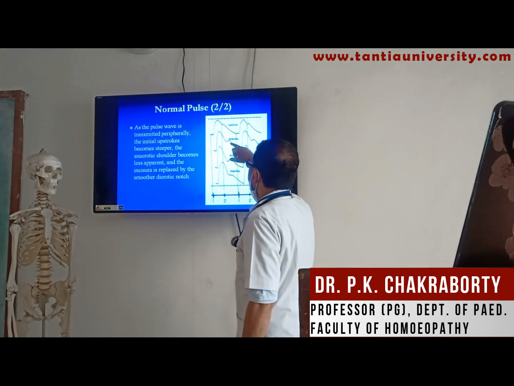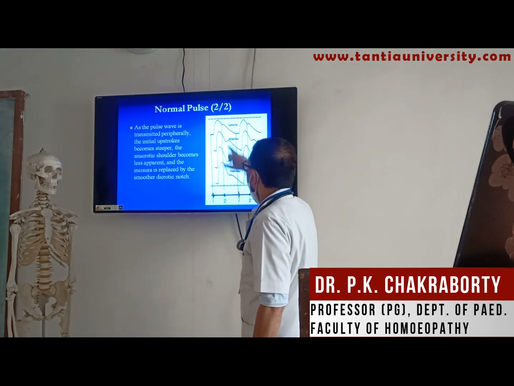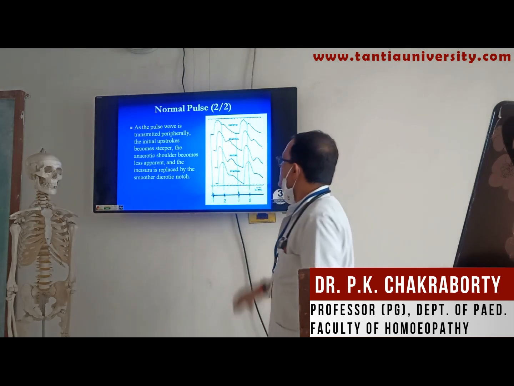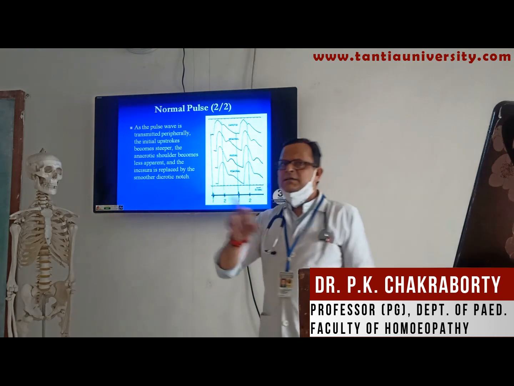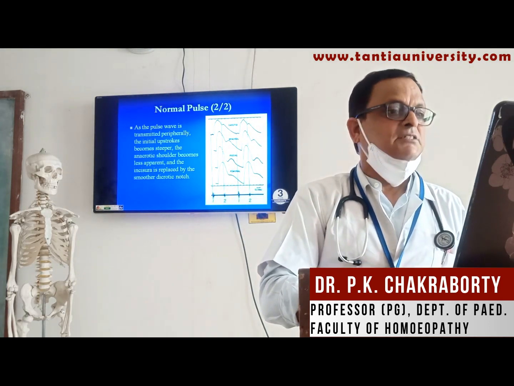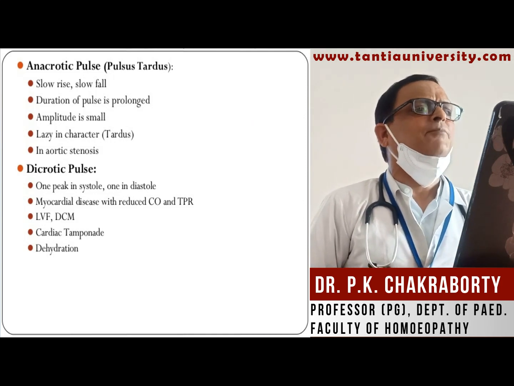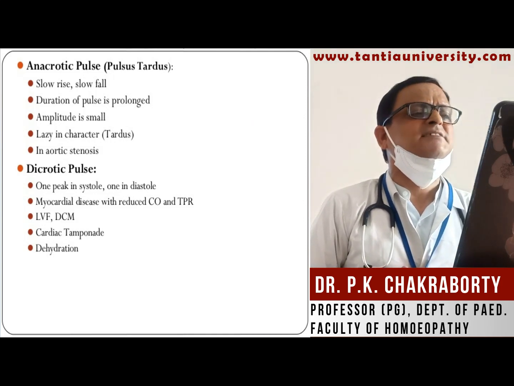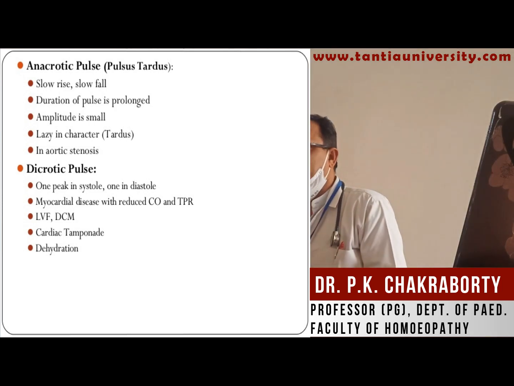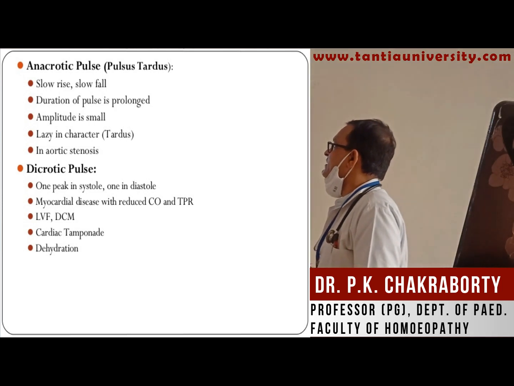There are variations of the slopes. This variation depends on the location of the arteries, the distance from the heart. You will find some anacrotic pulse, or pulsus tardus; tardus means lazy, lazy in character.